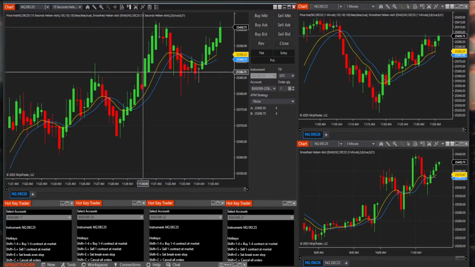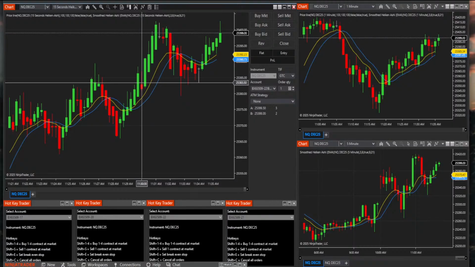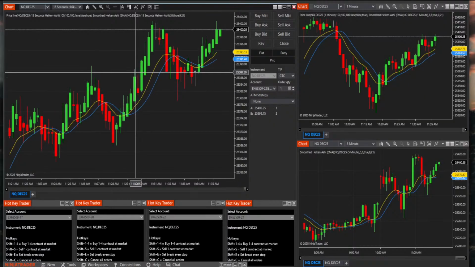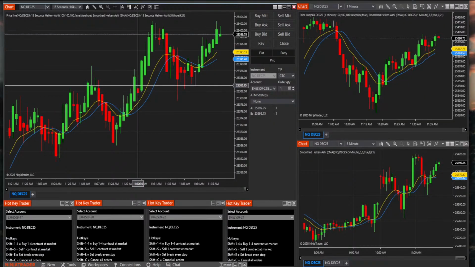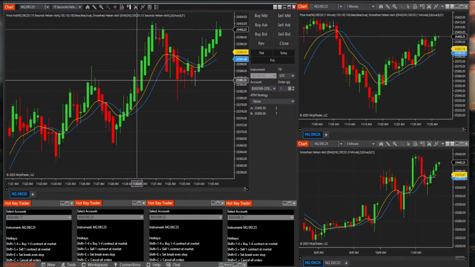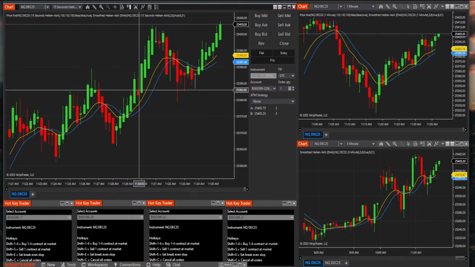This candle right here is not a bunch of people selling. More than likely, this candle right here is people selling, paying themselves. That's just a little micro pullback.